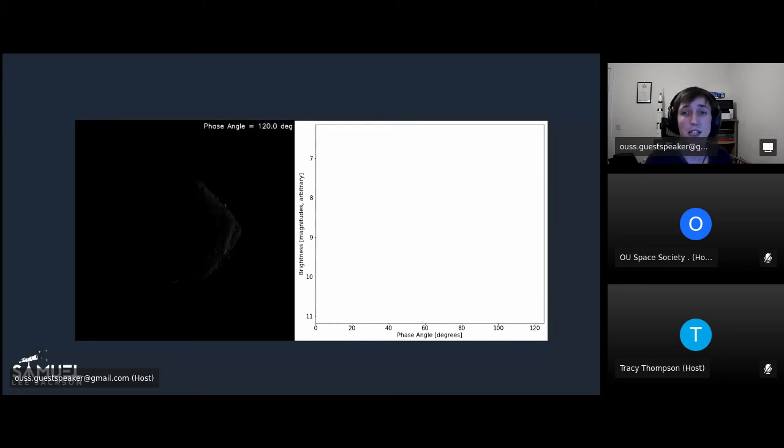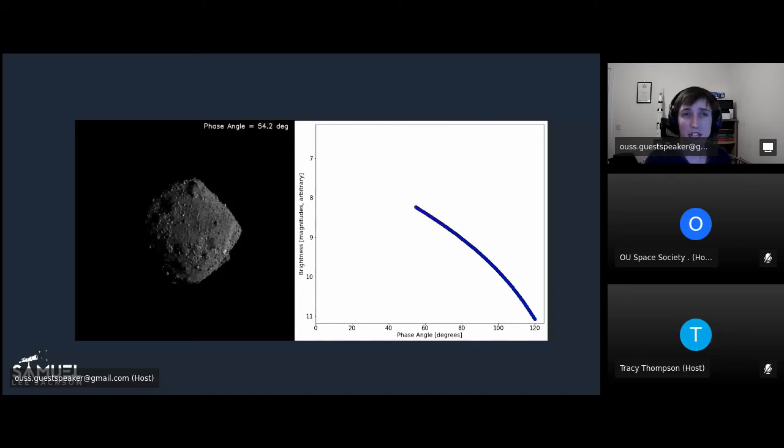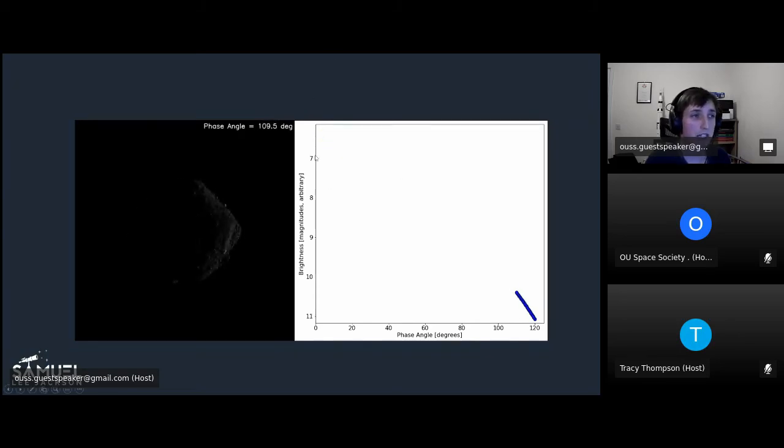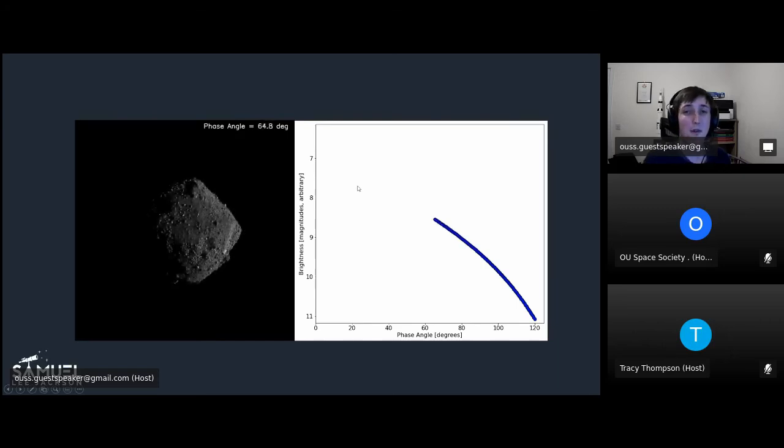Dark, carbon-rich asteroids have steep but quite straight slopes. But moderate brightness, silicate-rich asteroids have relatively shallow slopes but steep rises close to this zero phase angle region.